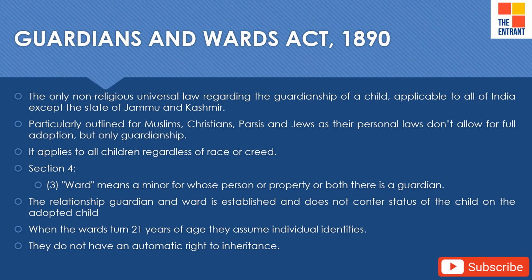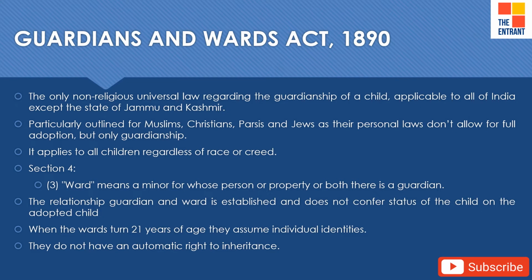This was particularly outlined for Muslims, Christians, Parsis, and Jews, as their personal laws did not allow for full adoption, but only guardianship. It is applicable to all children regardless of race or creed. Section 4, Clause 3 defines ward as a minor for whose person or property or both there is a guardian.